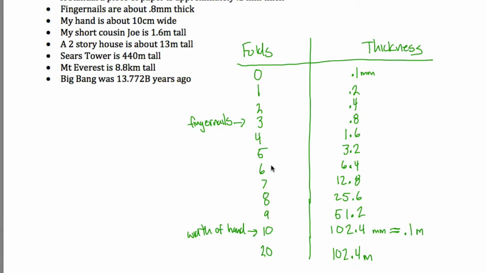Let's put that into a little bit more context. Maybe I can put in some intermediate spots here. After 14 folds, 0.1 meter folded in half 4 more times, I'd be up to 1.6 meters. That's Joe. Joe is 1.6 meters tall.